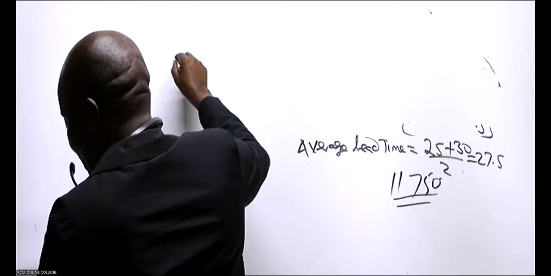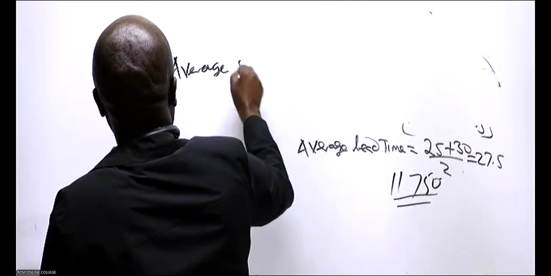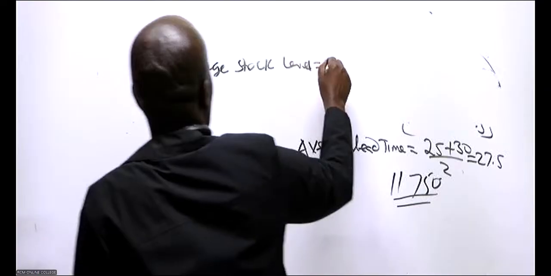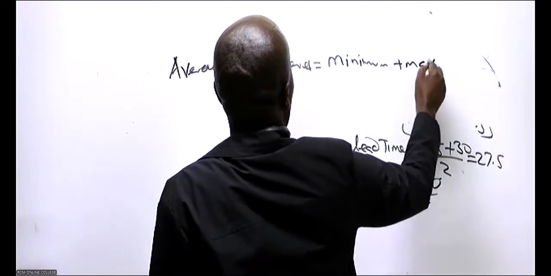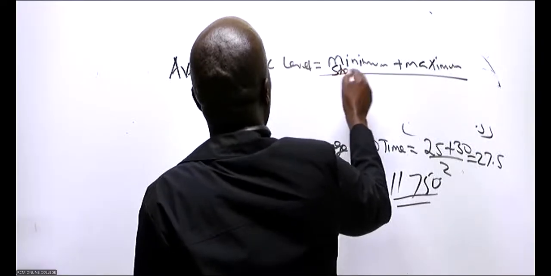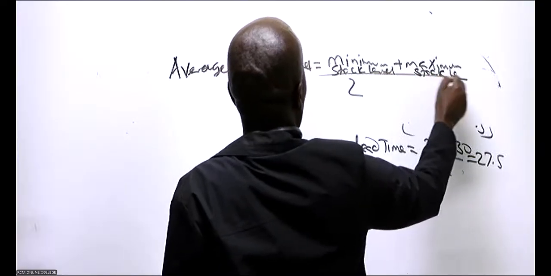So we have here average stock level is minimum plus maximum, divided by 2. Remember, it's minimum stock level, maximum stock level.